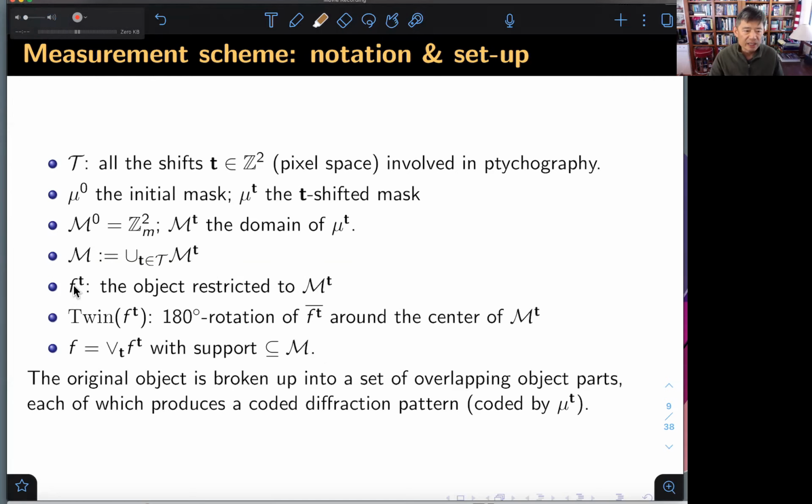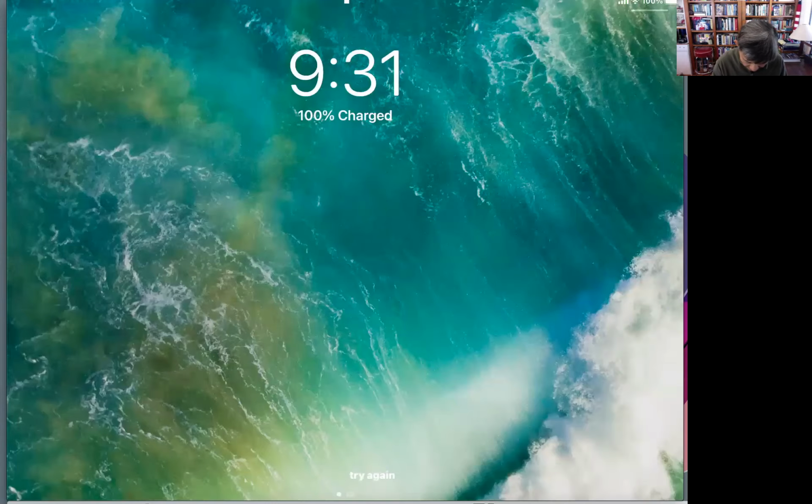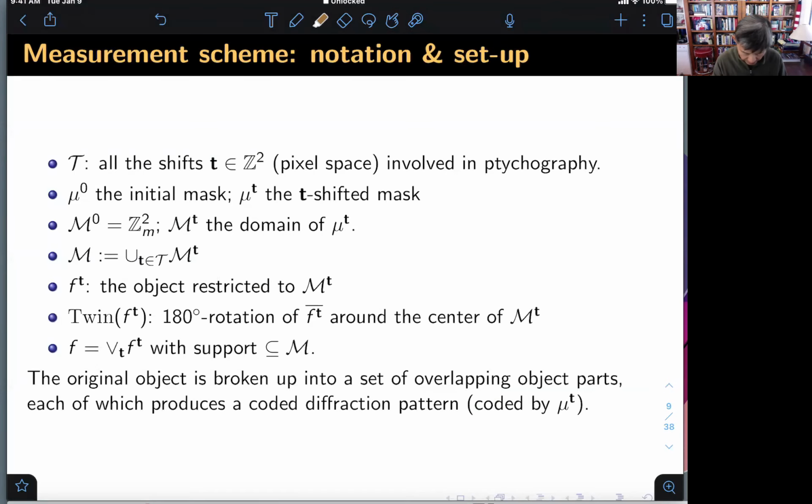So f_t are not disjoint, right? They will also be overlapping. Okay, so they are overlapping object parts, each of which produces a coded diffraction pattern coded by mu sub t. Okay, so that's my brief way of thinking about my measurement scheme.